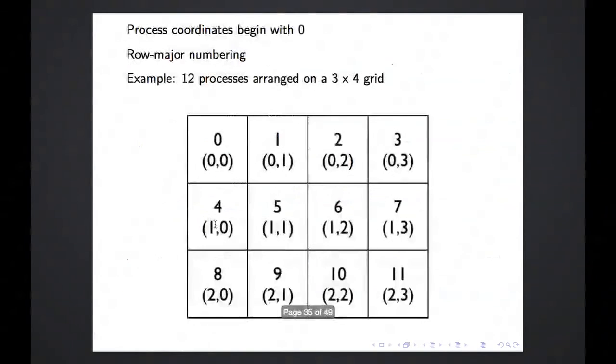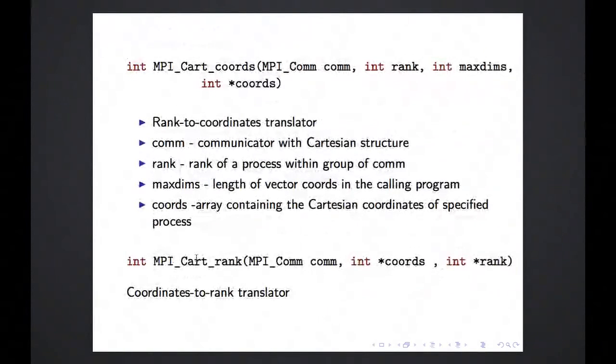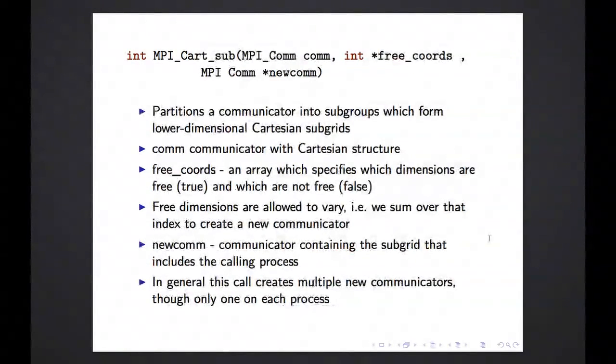So this is the way to go from this to this, from 0 to 0, 0. And then you can go the other way as well. This is a translator from MPI Cart rank, which means you can provide your two-dimensional coordinates and you can get the one-dimensional coordinate as output. So this is the coordinates to rank translator. So this is a way to change from a multi-dimensional picture to a one-dimensional one.